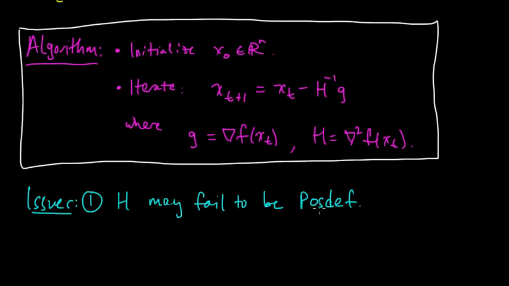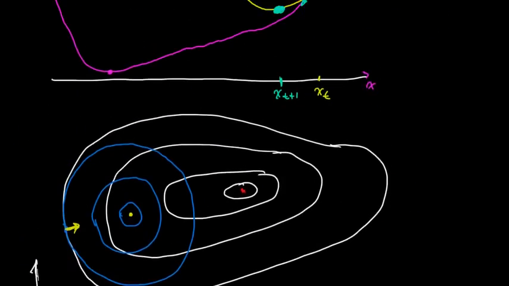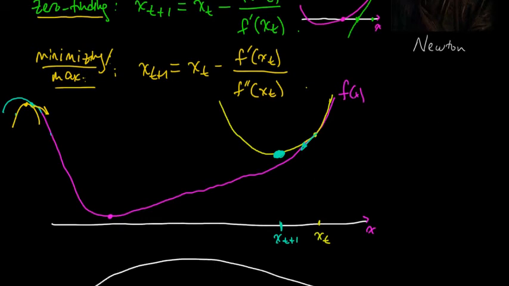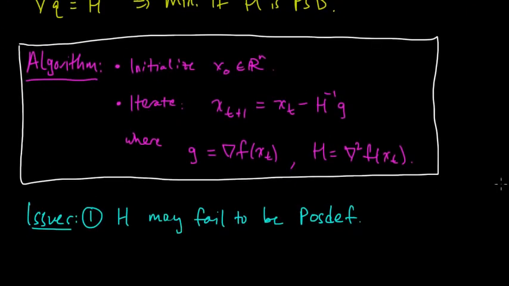That's this sort of case here, as opposed to this sort of case. Because if it's not positive definite, it may be only positive semi-definite. It might not be invertible, and then you would not be able to invert h.